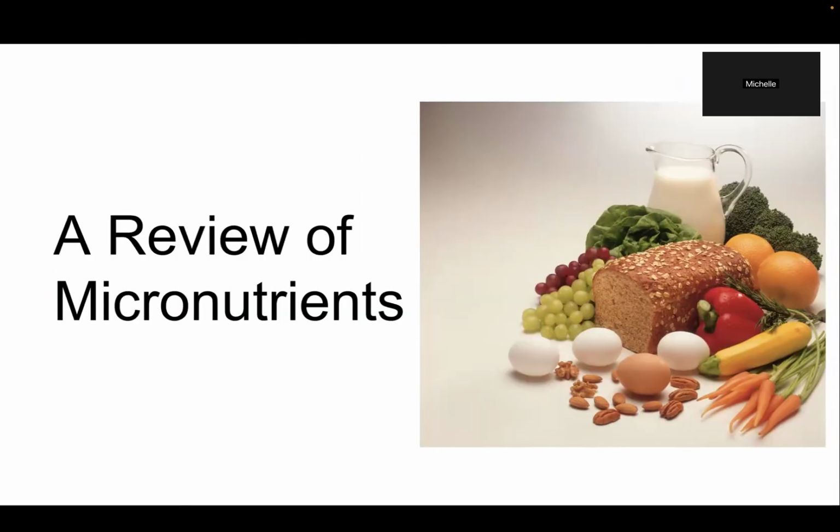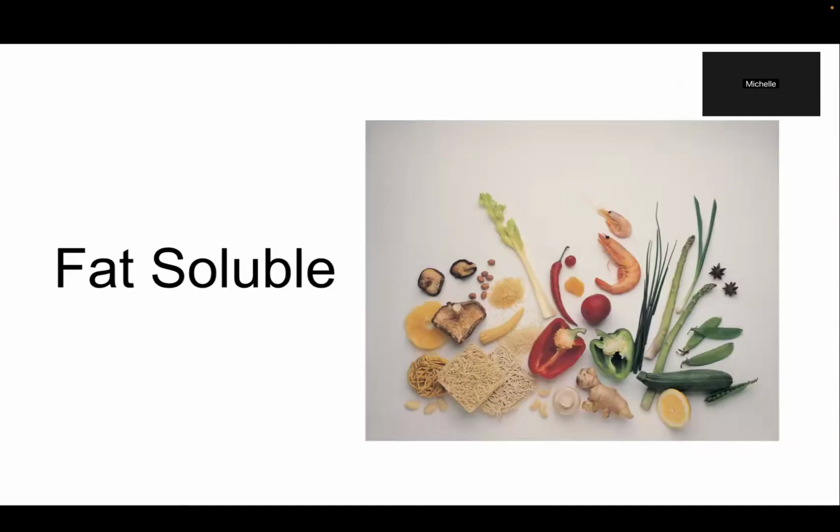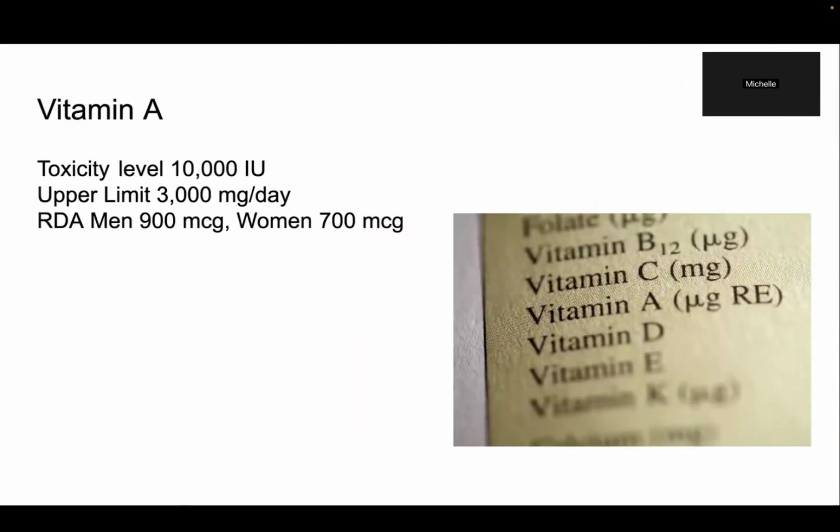All right, so review of micronutrients. Fat soluble. Vitamin A. The toxicity level is 10,000 IUs. The upper limit is 3,000 micrograms per day. RDA for men is 900 micrograms and women is 700 micrograms. You might also see it as retinol.